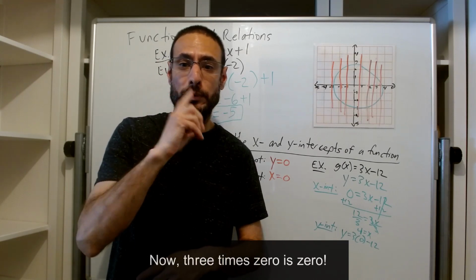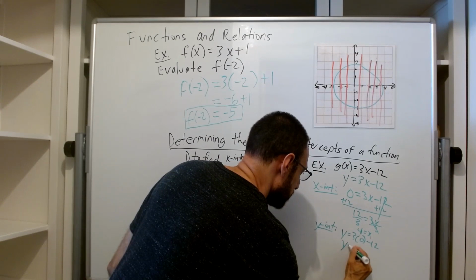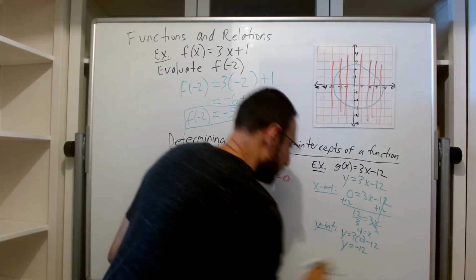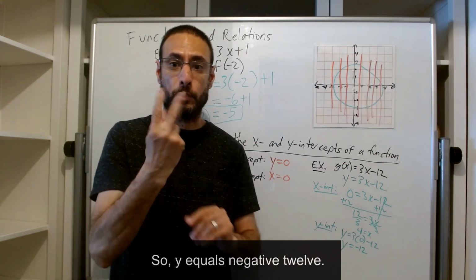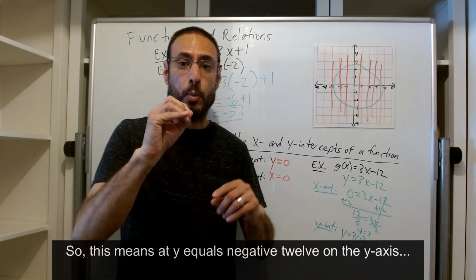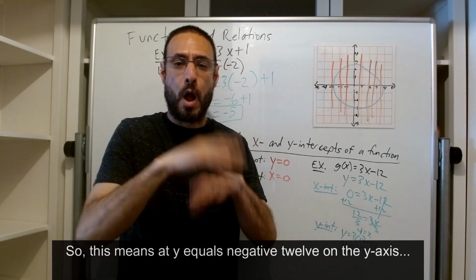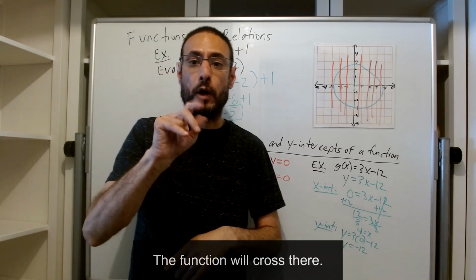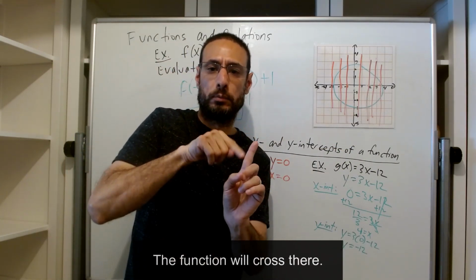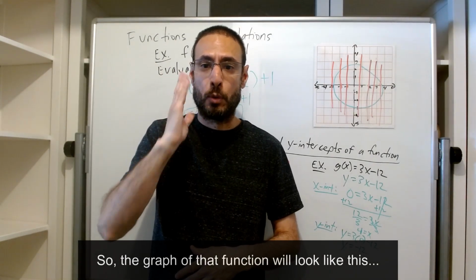Now, 3 times 0 is 0. So, y equals negative 12. So, this means that y equals negative 12 on the y-axis. The function will cross there. So, the graph of that function will look like this.